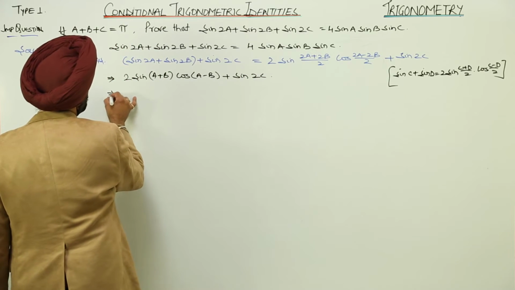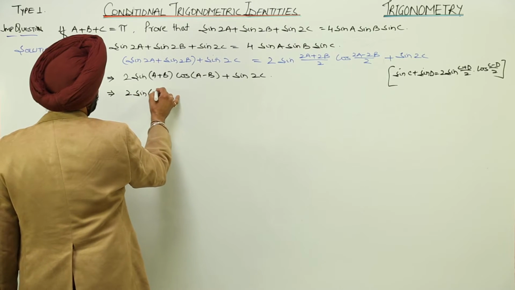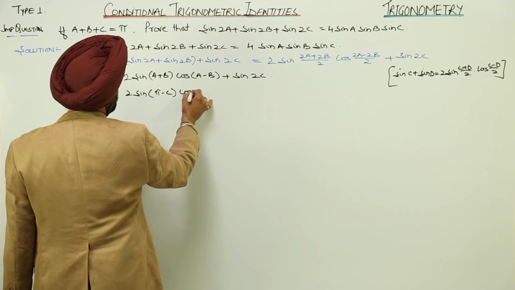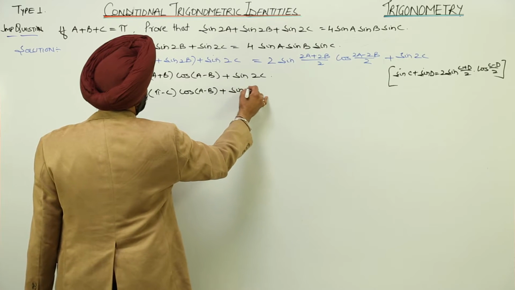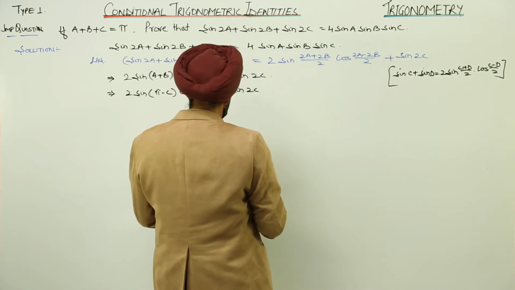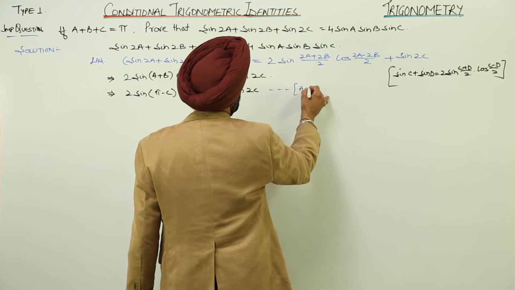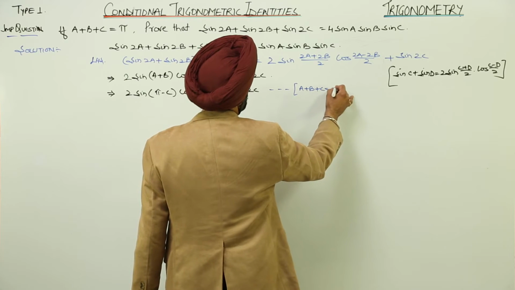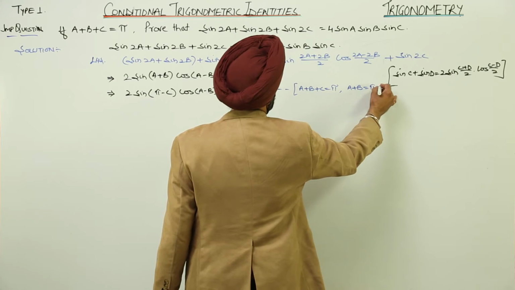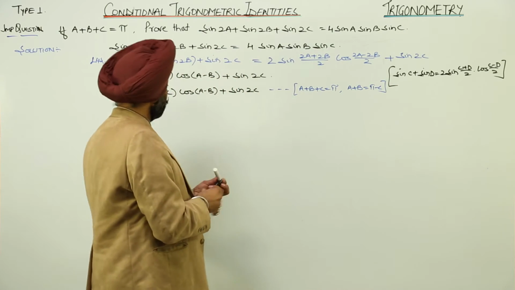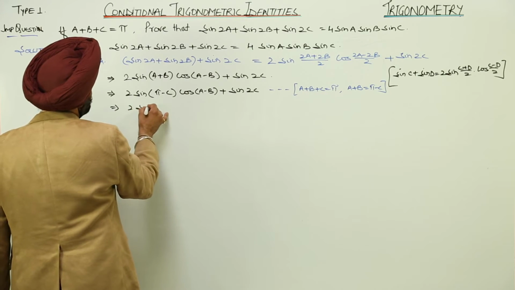Now using the condition, this becomes 2 sin (pi minus C) cos (A minus B) plus sin 2C. A plus B plus C is equal to pi, therefore A plus B is equal to pi minus C. Now this becomes 2 sin C.